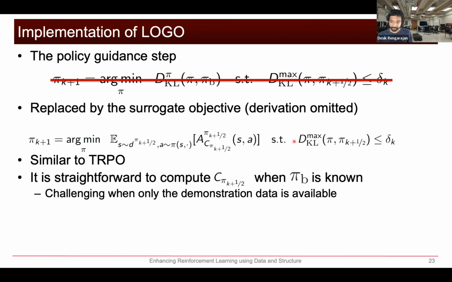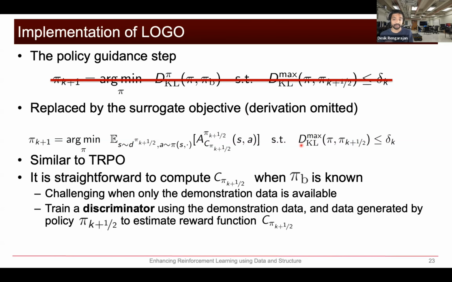We do this by training a discriminator using the demonstration data and data generated by the policy pi_{k+1/2} to estimate the cost function c_{pi_{k+1/2}}. It can be shown that if you write down the expression for a discriminator, it essentially comes down to this particular scenario.